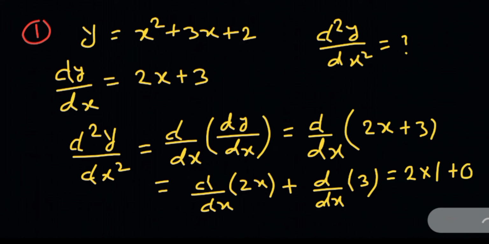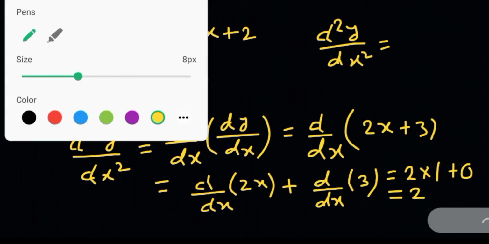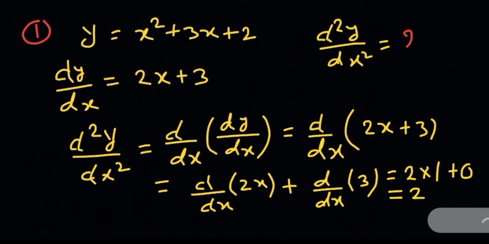So 2 into 1 plus 0, that is 2. In this way we got d2y upon dx square as 2. So this will be our answer: d2y upon dx square is 2. This was the first question, so I discussed it in detail.